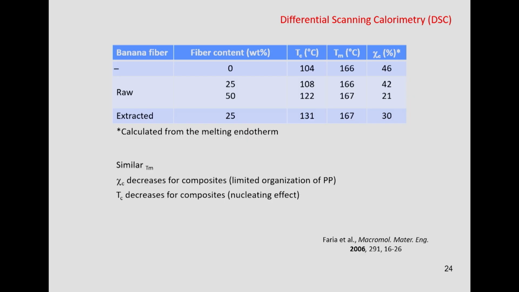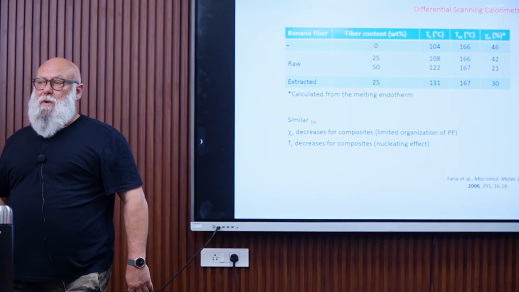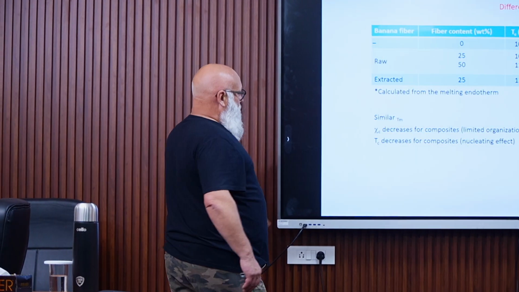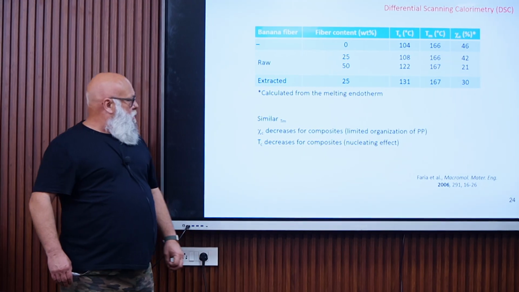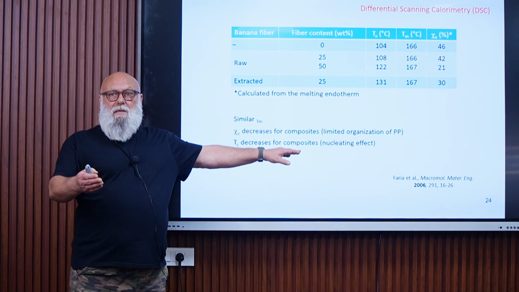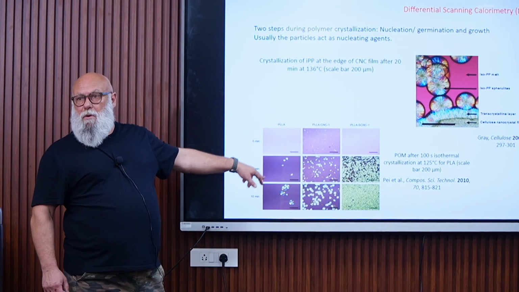So it decreases, just indicates that the presence of the fiber limits the organization of the matrix, and we have this decrease in the temperature of crystallization, which is referred to, we have already seen the nucleating effect of the fibers. And we have already described.